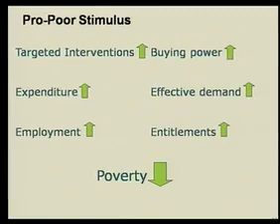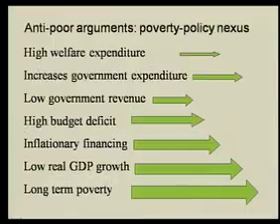So, anti-poor policies. This is actually what the World Bank says. If you have high welfare expenditure, that will increase the government expenditure. And if the government revenue is not high, it creates a deficit budget. When there's a deficit budget, it creates inflation.